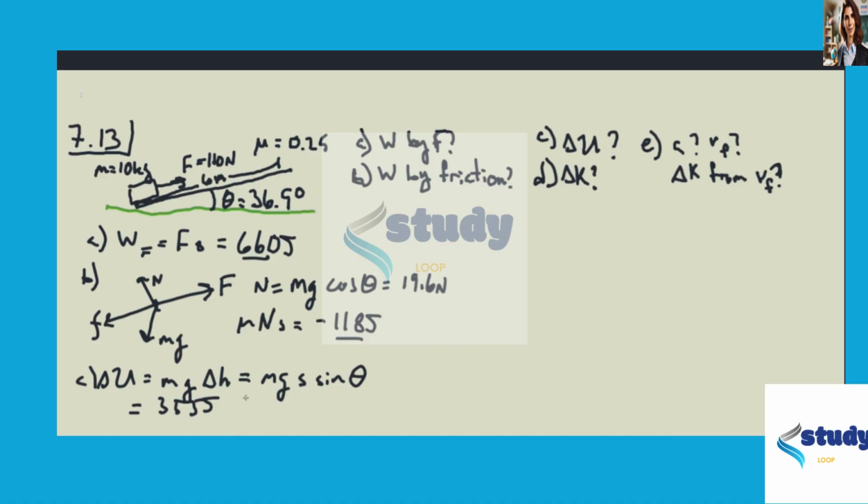Now, we want to calculate the increase in the kinetic energy. So we use our work relation, or our work energy relation, K initial plus U initial plus the work done by other forces is equal to the final mechanical energy.